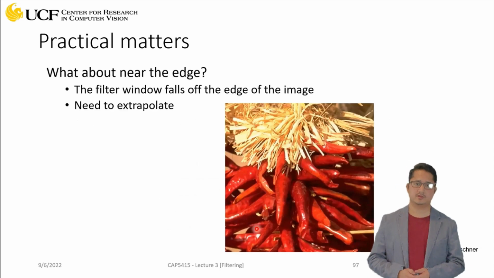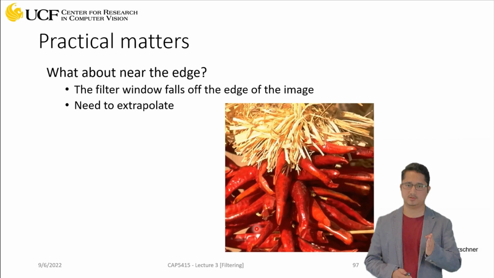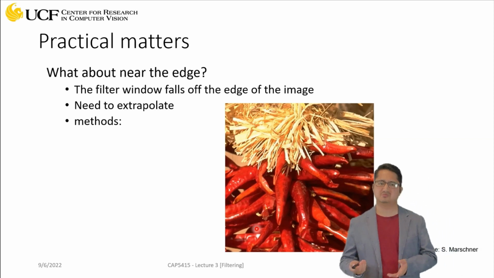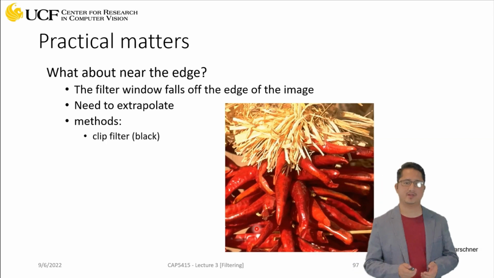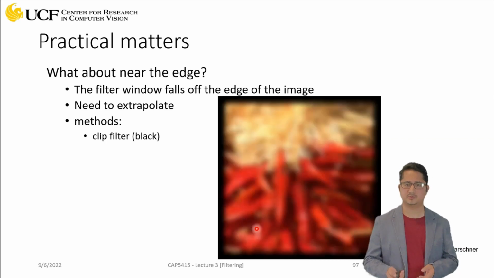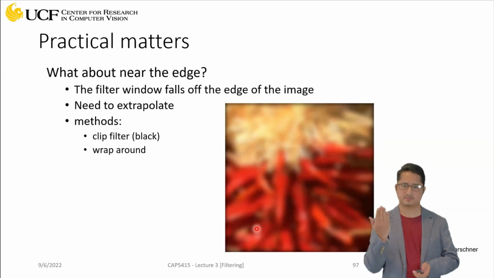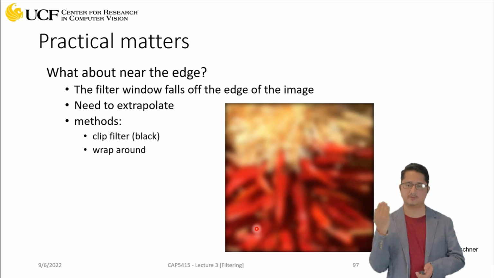Now, another interesting question is what happens if we have edges, because we can't place kernels on the corners. There are many different solutions to that. We can extrapolate those values. We can even just make them all 0. That's called a clipping filter. This is your smoothing filter. You can wrap around, which means that you can rotate the pixel values.